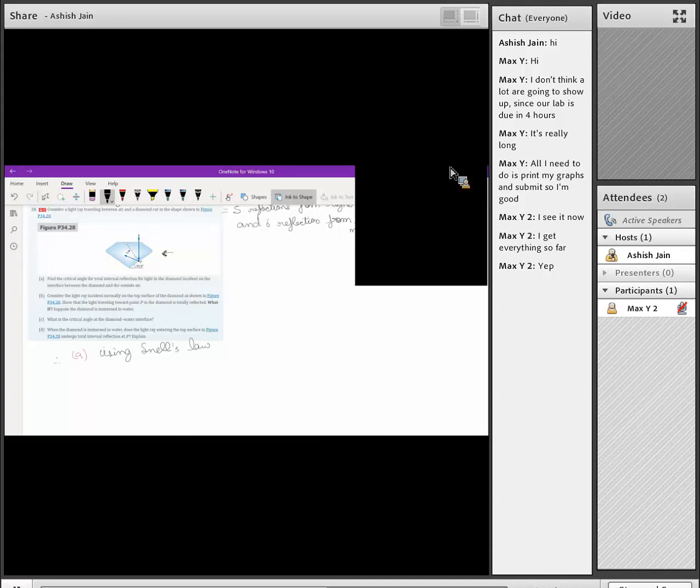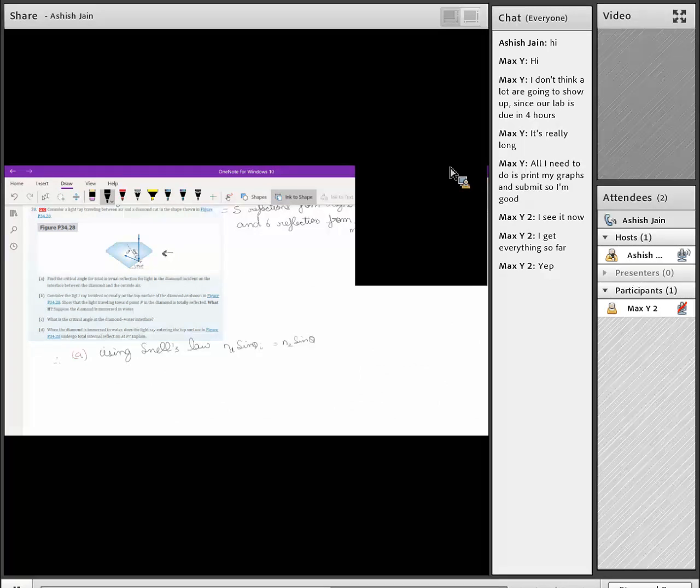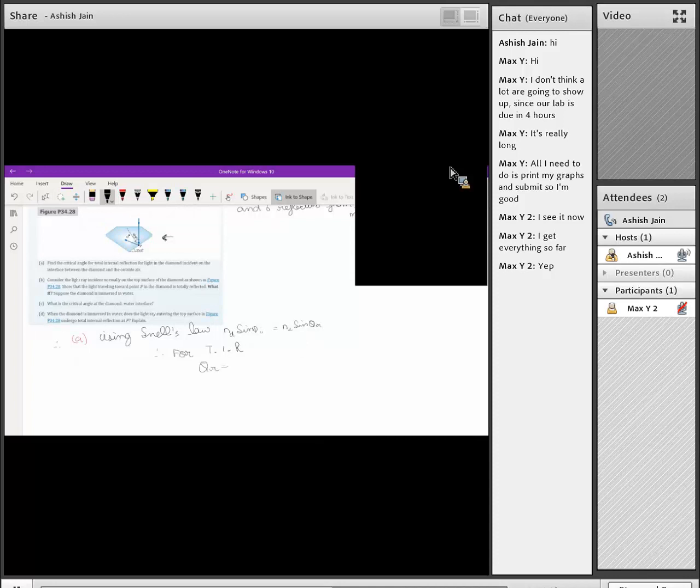N1, that is N diamond sine theta I, equals N2 sine theta R. For total internal reflection, theta R is 90 degrees.